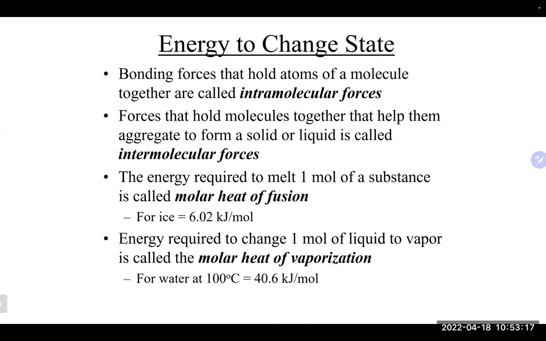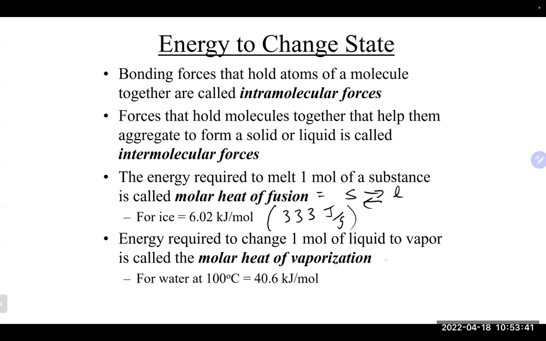And as I mentioned before, which is just the mole version of what I put on the board there, for the transition between solid to liquid or backwards, it is 6.02 kilojoules per mole, which is the same as roughly 333 joules per gram.